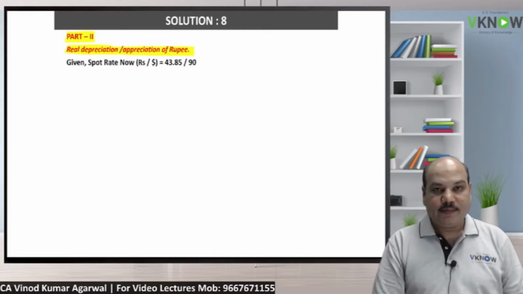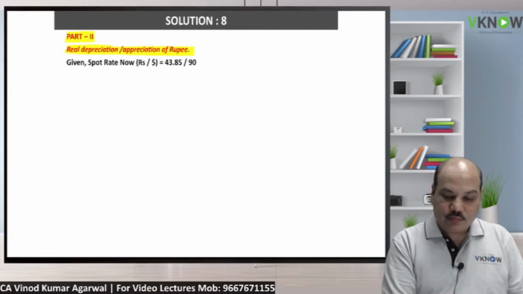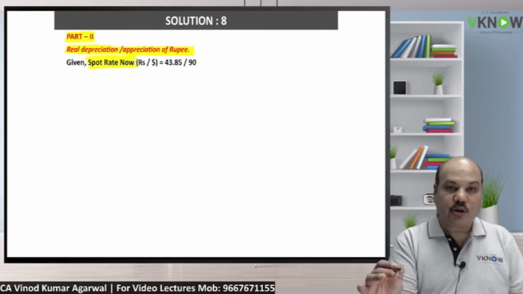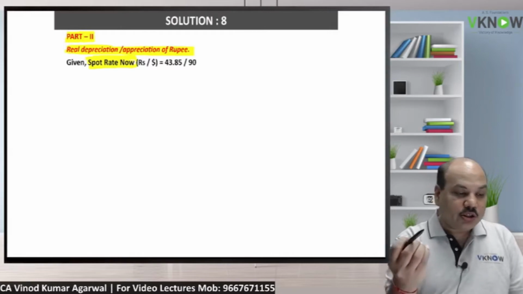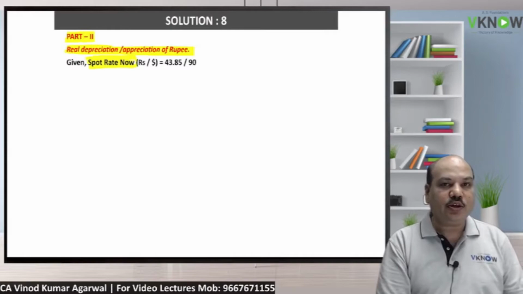In the question, if you see, they have given you spot rate now. Write down given spot rate now. I am changing the presentation of this answer because the institute's answer is very brief and there is a minor error also.